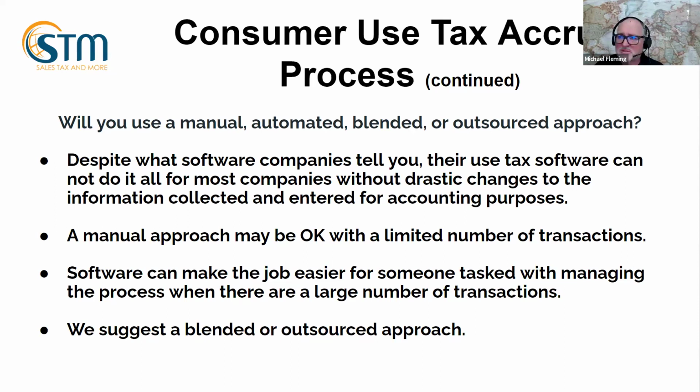So like I said, despite what software companies tell you, their use tax software cannot do it all. And for most companies, you'd have to change the information you collect for your accounting process. You'd have to change it drastically in order for this software to even work for you.